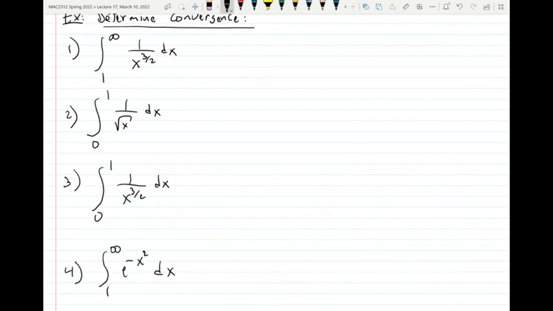Okay, so the first 3 are to give you an illustration of the p integrals, and the last one is to motivate the next discussion that we are going to have now.